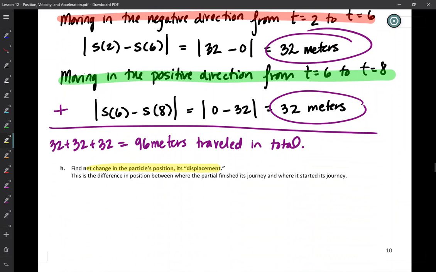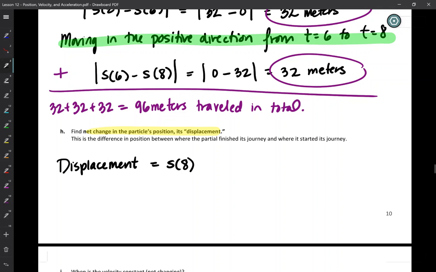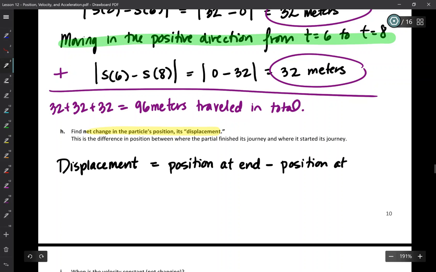So the difference between where the particle finished and where it started, my displacement is my position at the end of the story, 8 seconds, maybe I'll even write that, minus the position at the beginning. My displacement is s of 8 seconds minus s of 0 seconds.